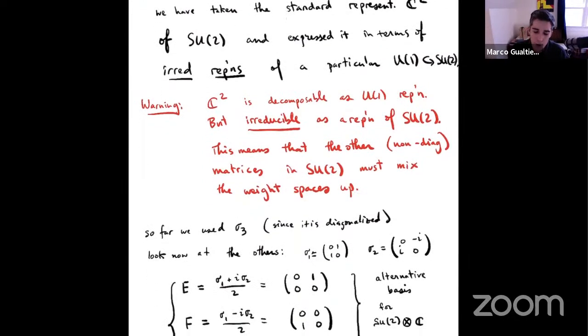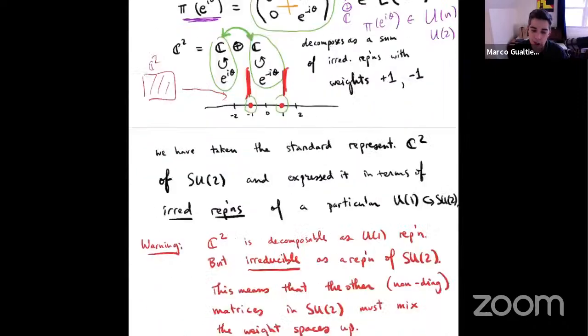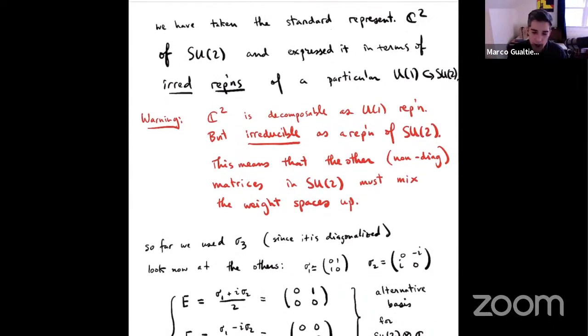Now, what I'm saying here is a warning that C2 is decomposable as a U1 representation for this obvious reason. It is decomposable into one-dimensional representations. However, it is irreducible as a representation of SU2.